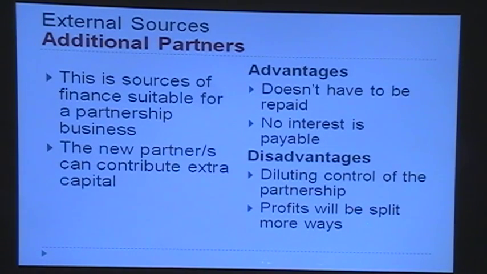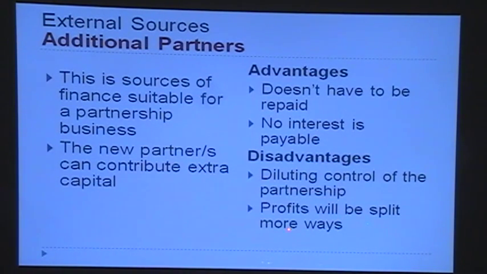A very good advantage of using additional partners as a source of finance is it doesn't have to be repaid. No interest is payable. However, diluting control of the partnership is a big disadvantage because the additional partner might be interested in controlling the business.